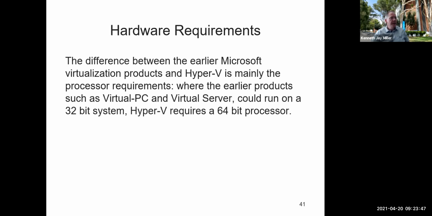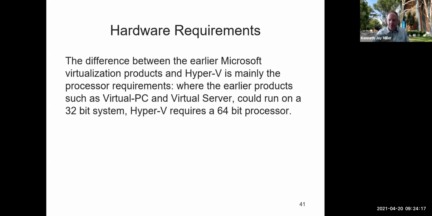All right. Now, what are the hardware requirements? Now, this is where the evolution of Hyper-V is very evident. So the difference between the early virtualization products and Hyper-V is mainly in the processor requirements. Where early products could run on any processor, Hyper-V requires a 64-bit processor.